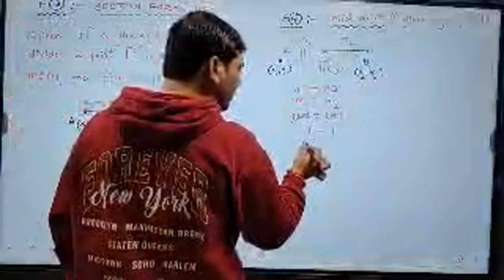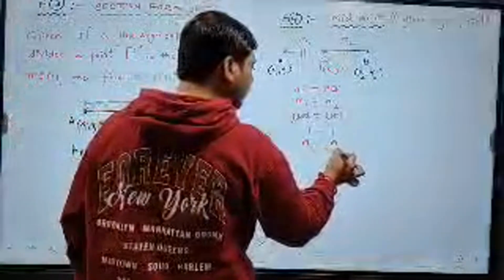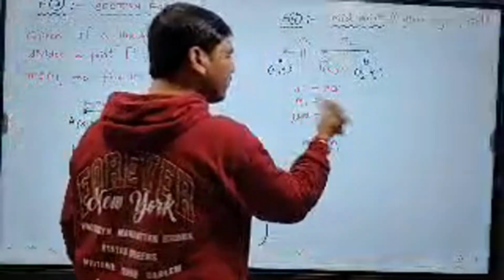For example, if this is 110, this is also 110. So both are equal, so I will cancel those terms. Again, your answer is 1 is equal to 1. Finally, the m1 value and m2 value are both equal to 1, 1.